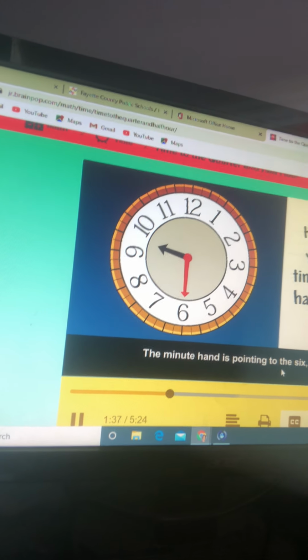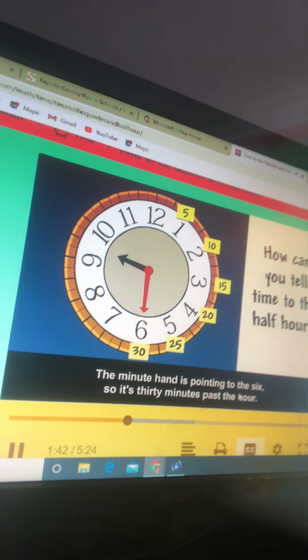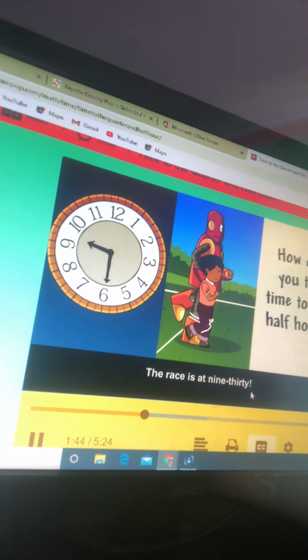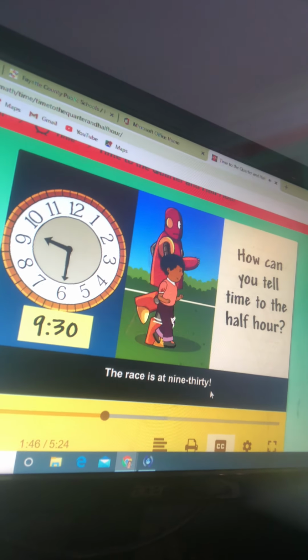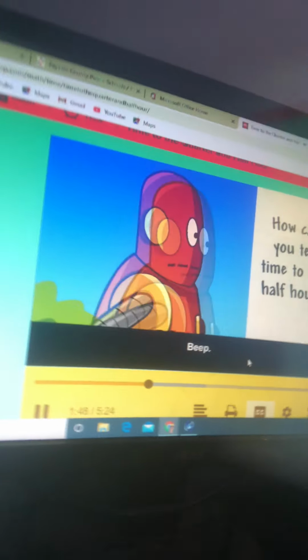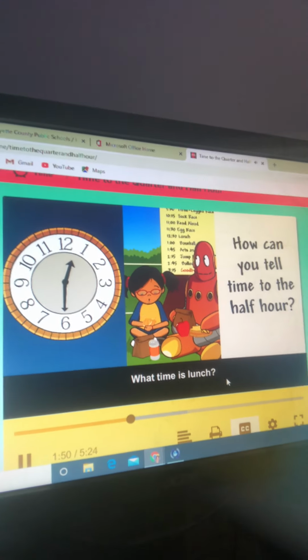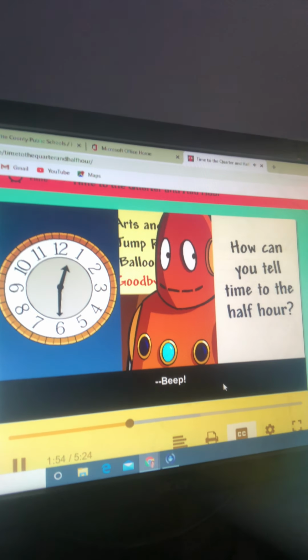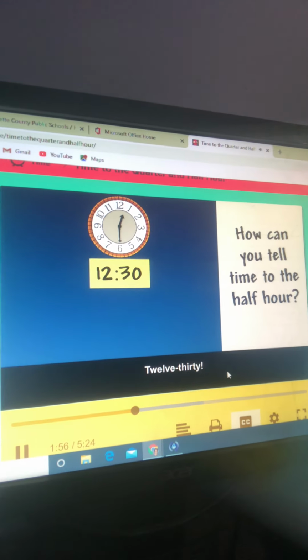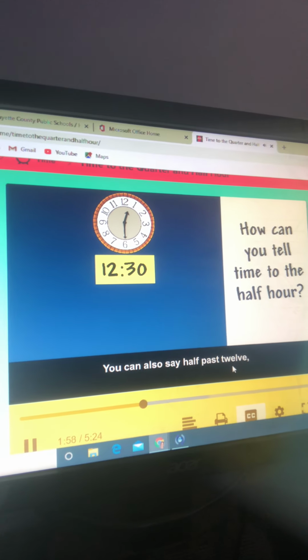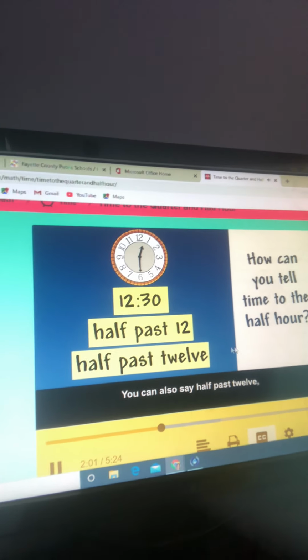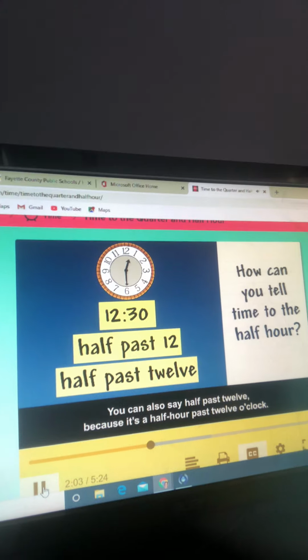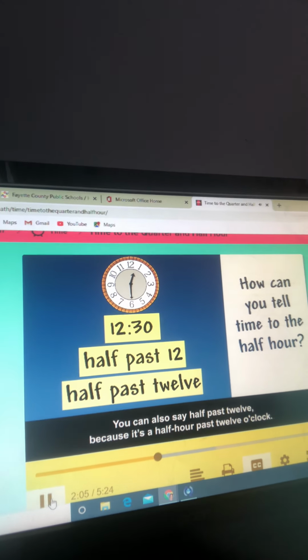The minute hand is pointing to the 6, so it's 30 minutes past the hour. The race is at 9:30. What time is lunch? 12:30. You can also say 12:30 because it's a half hour past 12 o'clock.